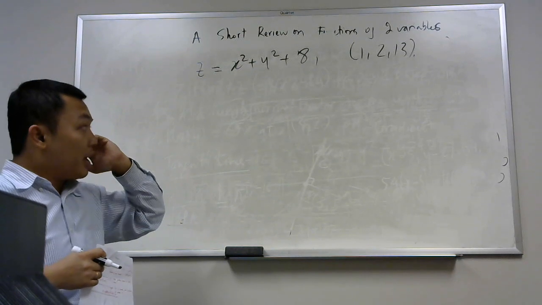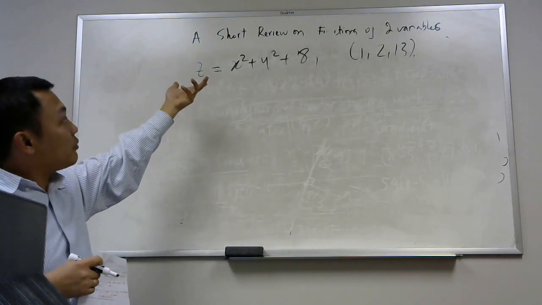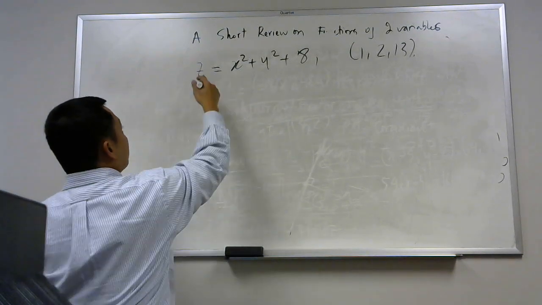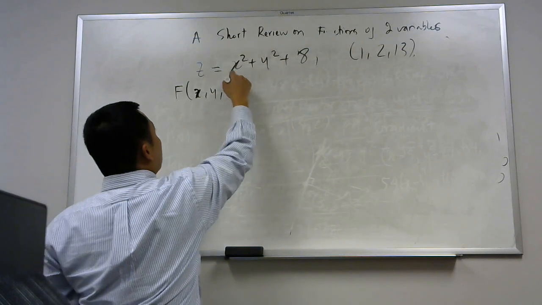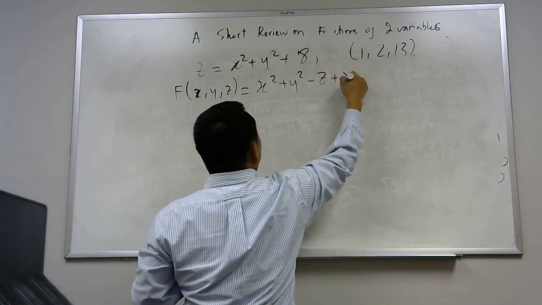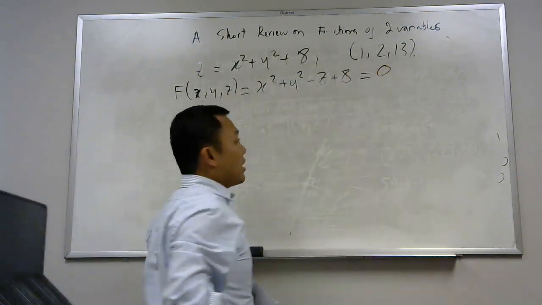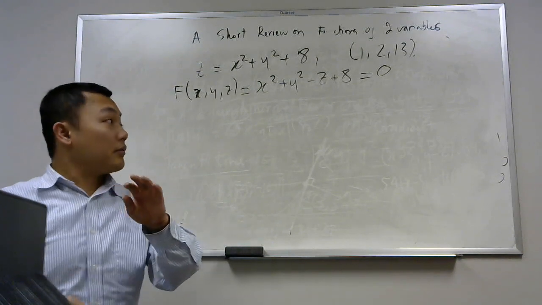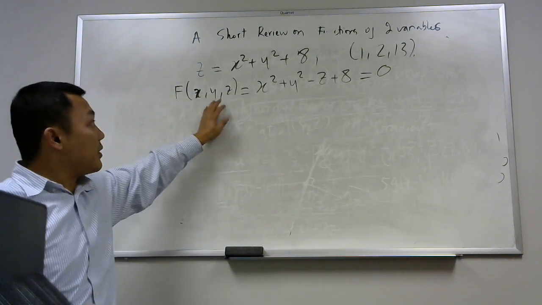So again, this is tangent line, right? But if you put F of x, y, and z equal to x squared plus y squared minus z plus 8, this equation is nothing but F of x, y, z equal to 0. That means that is a level surface of this function.